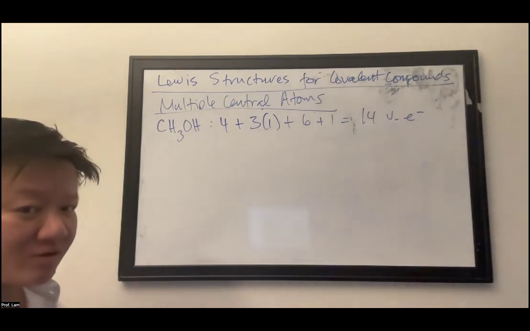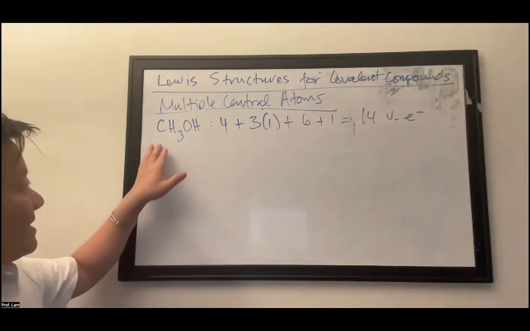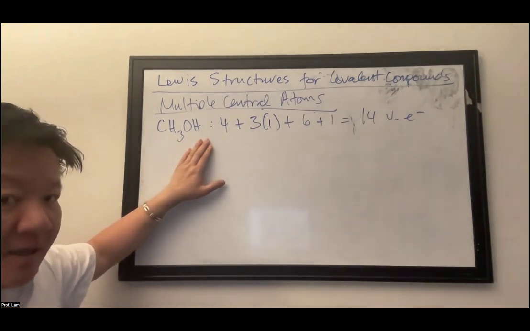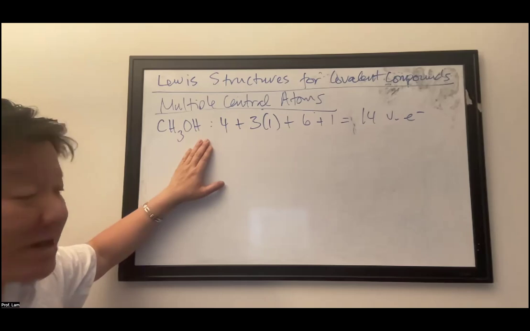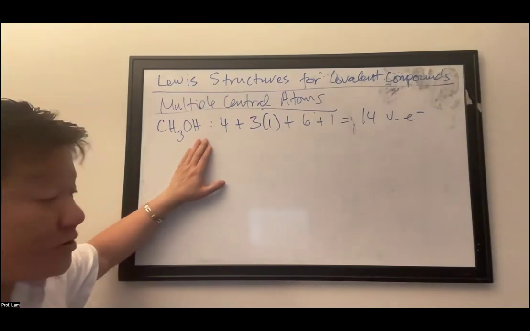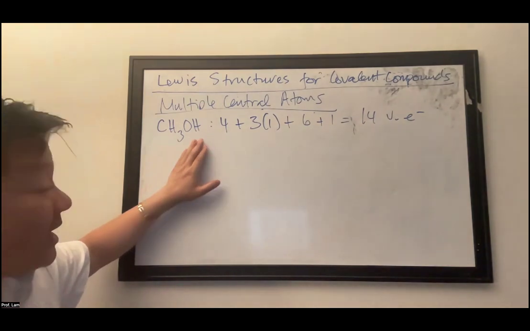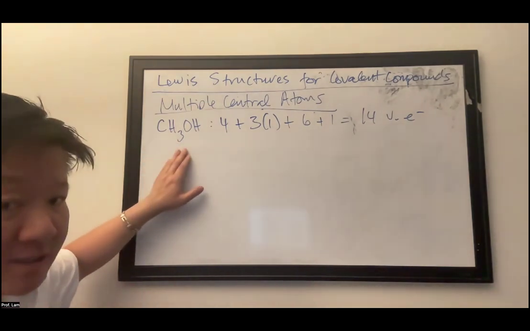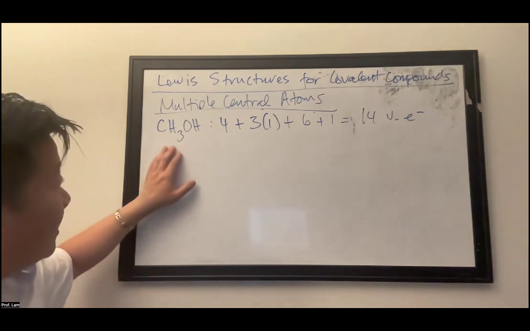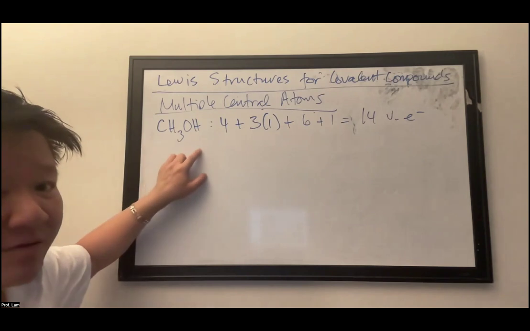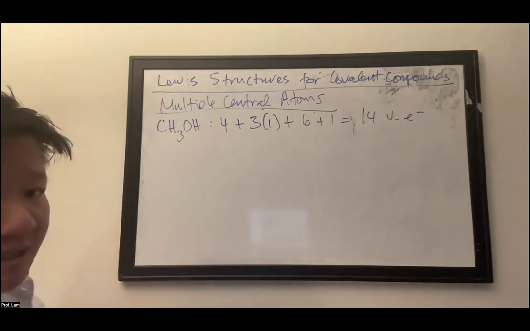Let me give you guys a little hint here. Anytime that you see a chemical formula written out like this, it's trying to help you figure out the connectivity. When molecules get larger than this, it's going to be hard to figure out what atom is attached to what atom, right? So a lot of times authors will spell it out for you so that you know what's connected to what.